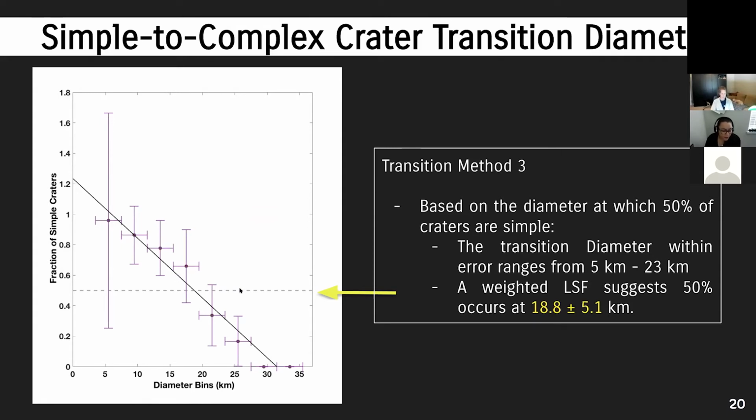Here we take into account the crossing where 50% of the craters are simple, and we found that the crossing occurs between 5 to 22.5 kilometers. But the LSF line here suggests that the intersection is at 18.8 plus or minus 5.1 kilometers.